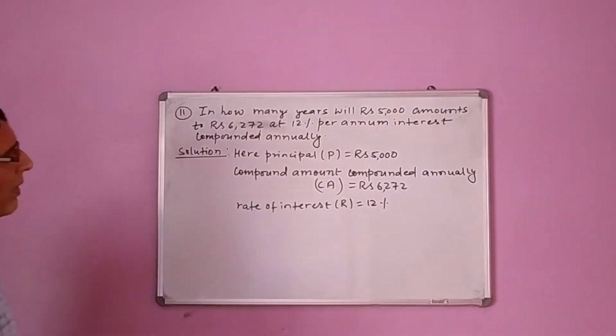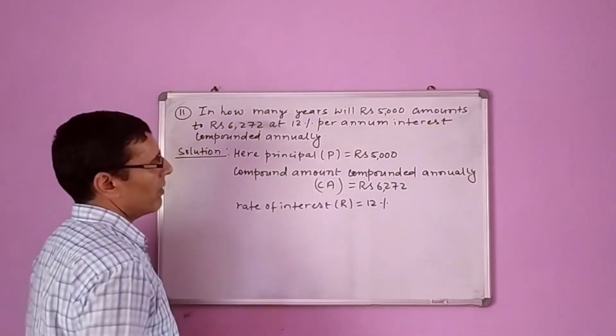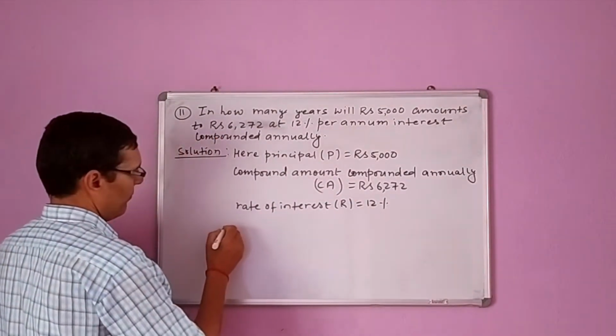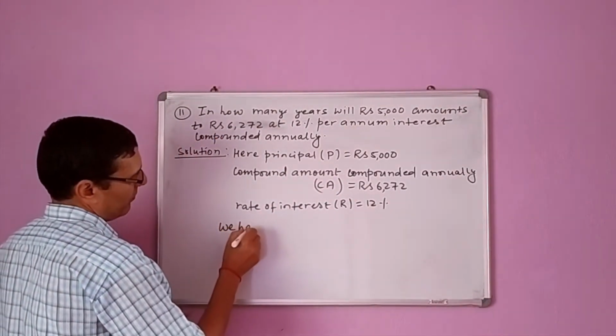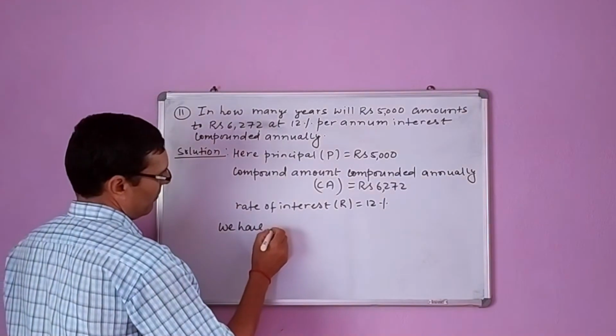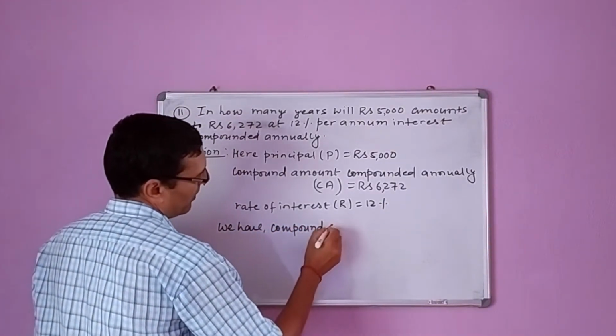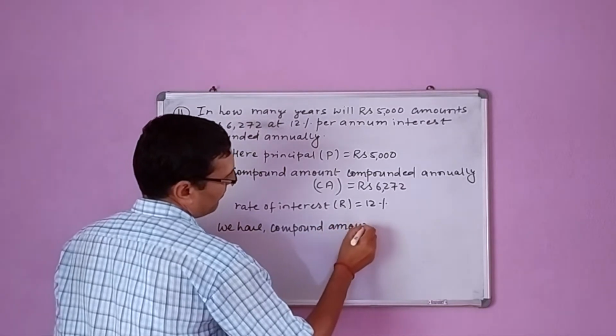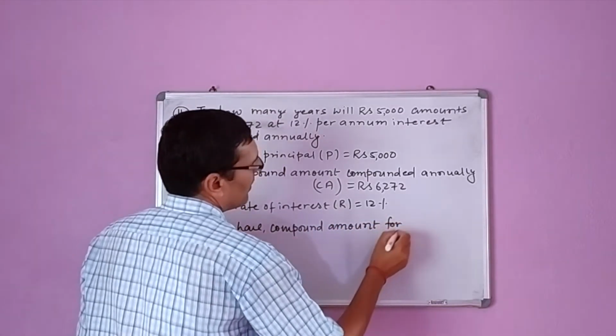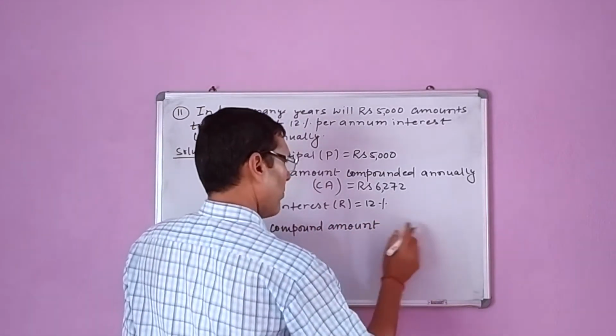Here we use the formula for the compound amount compounded annually.